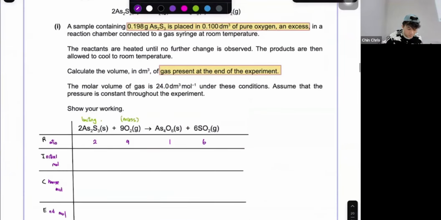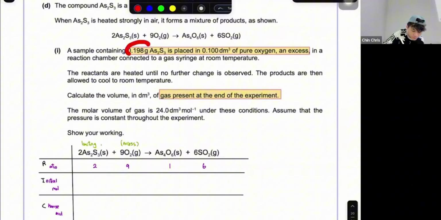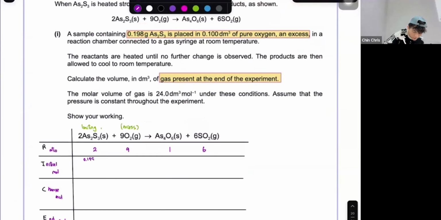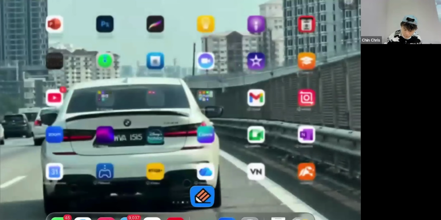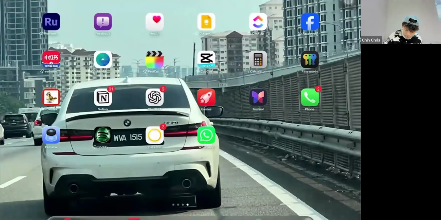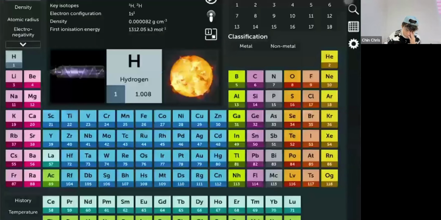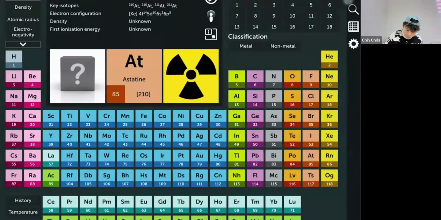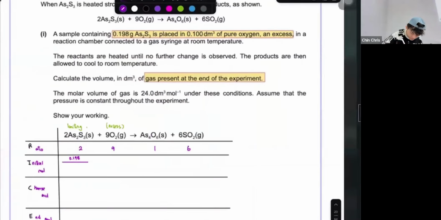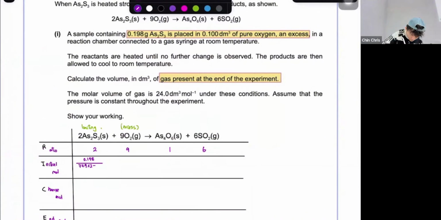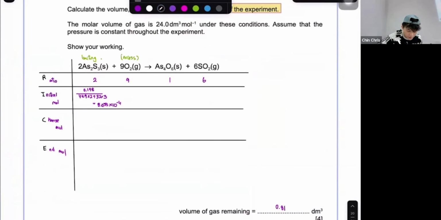Yeah. So, guys, again, 0.198 gram of As2S3 divided by Mr. What's the Mr? 74.9. 8.055 times 10 to the power -4.